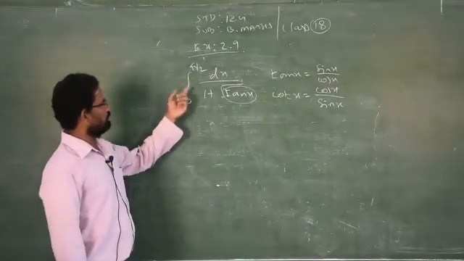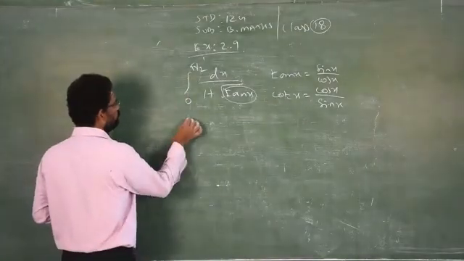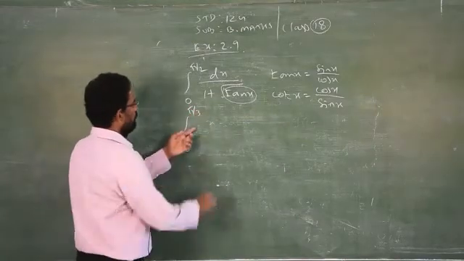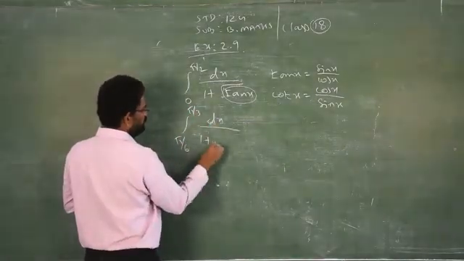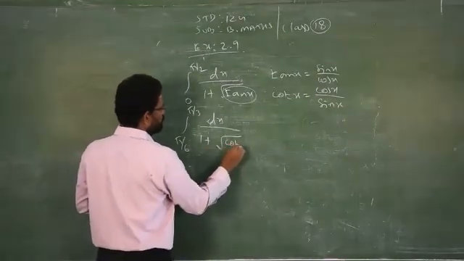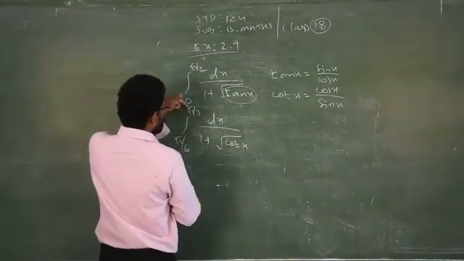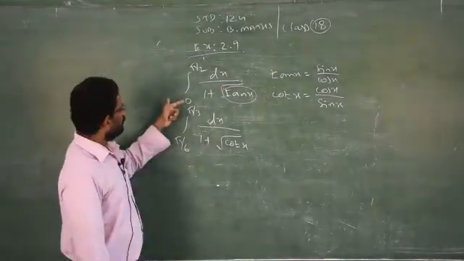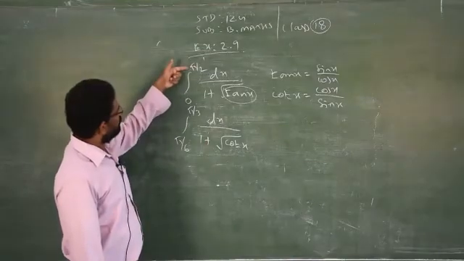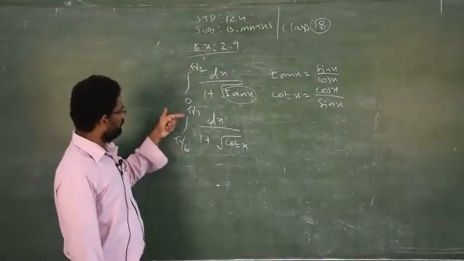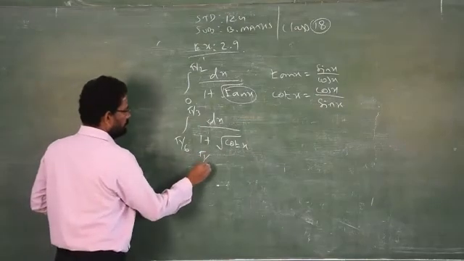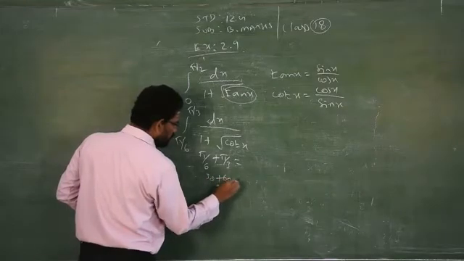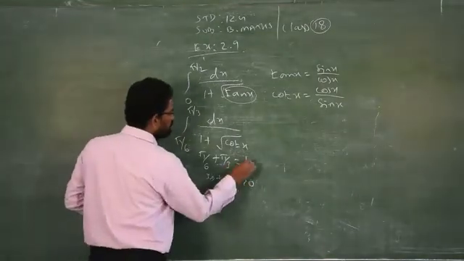So when the question is given 0 to pi by 2 or pi by 6 to pi by 3, like dx by 1 plus square root of cot x, I am just differentiating the limit by using the different ratio, but both are the same only. Don't confuse. They will give it in terms of 0 to pi by 2 or pi by 6 to pi by 3, because when you add pi by 6 plus pi by 3, this is 30 degrees and this is 60 degrees, which will give you 90, that is pi by 2.